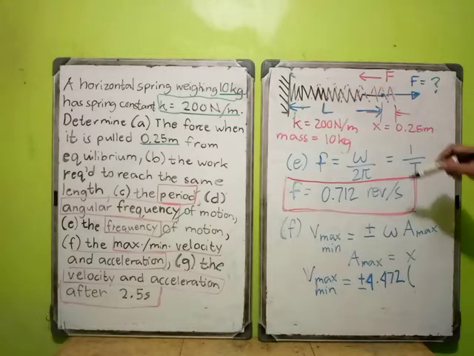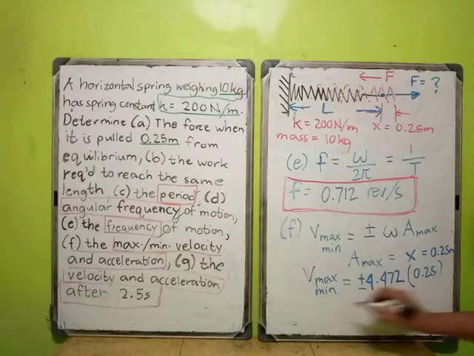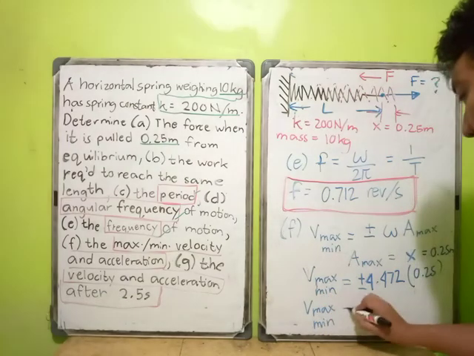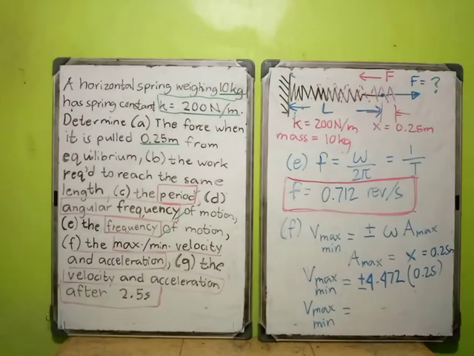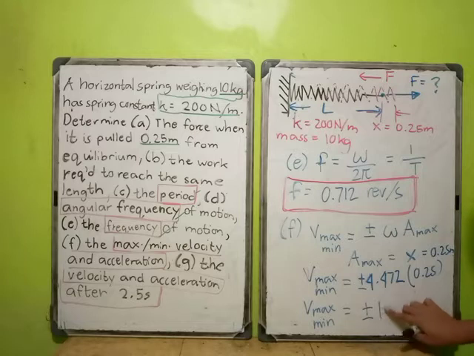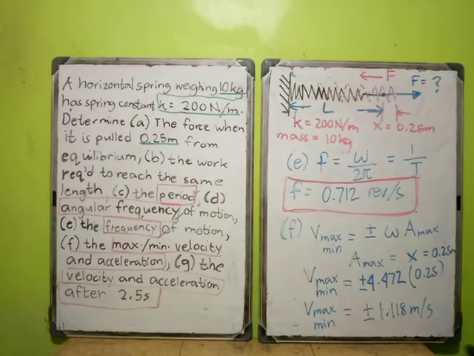So the A max here is the X, which is 0.25 meters. Kaya yung V max natin or V min is approximately positive or negative 1.118 meter per second. So yan yung sagot.